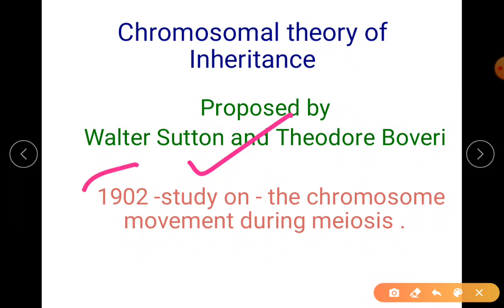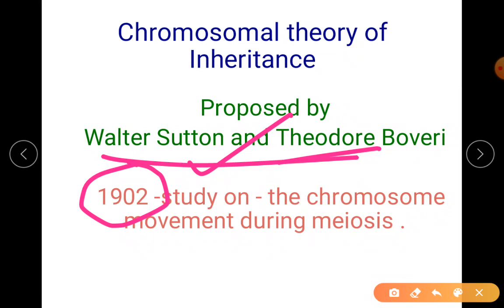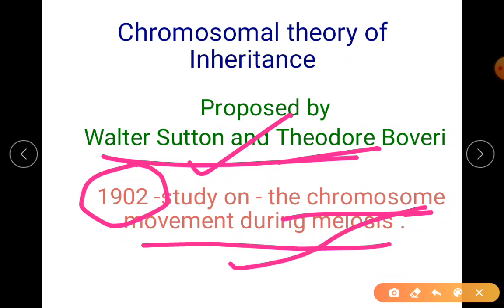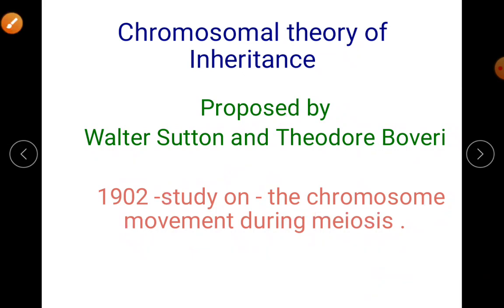Then you should know in which year. So in 1900, three scientists worked on Mendel's work separately, individually, and then they gave their ideas. Okay, so by 1902, these two scientists, Sutton and Boveri, together worked, and they studied the chromosome movement during meiosis. Very important. They studied the chromosome movement during meiosis.